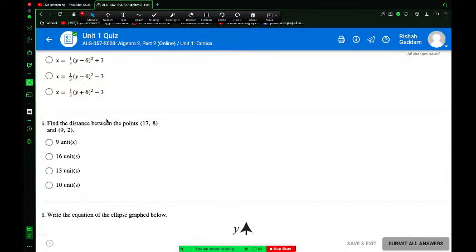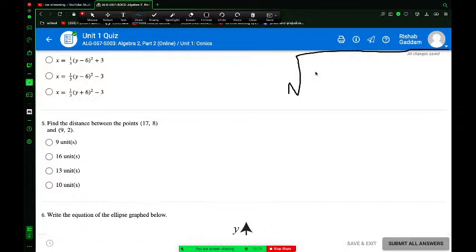Okay, so find the distance between the points. If you remember from the, I guess the second day, no, the third day of this course, I should say, we learned the distance formula. Some of you were not here that day, so I'm just gonna write down the distance formula for all of you.